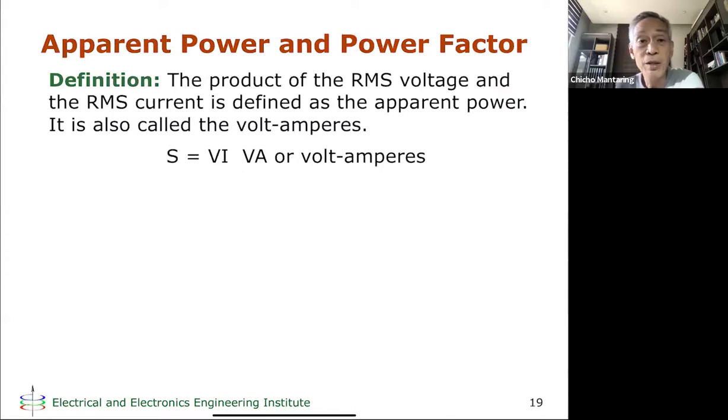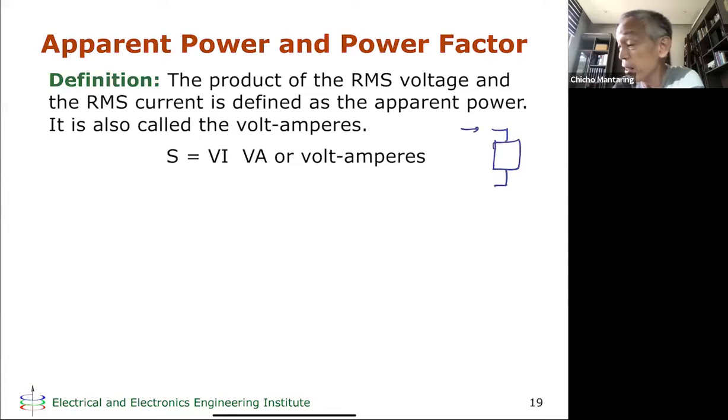Your apparent power is just the product of your RMS voltage and your RMS current. This is for a particular component. So if I have a component, it can be a source, can be a passive element.